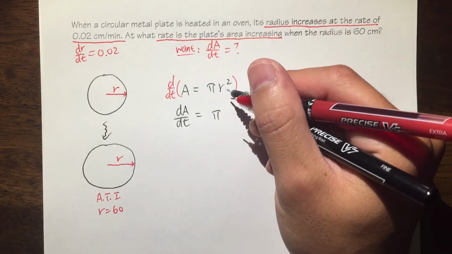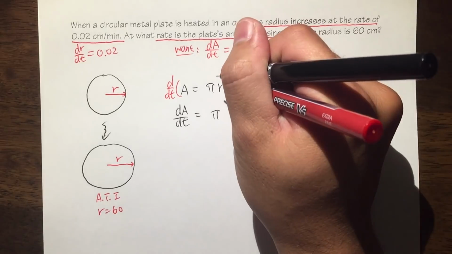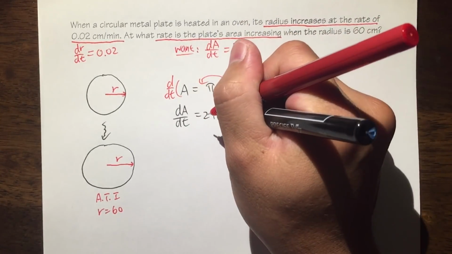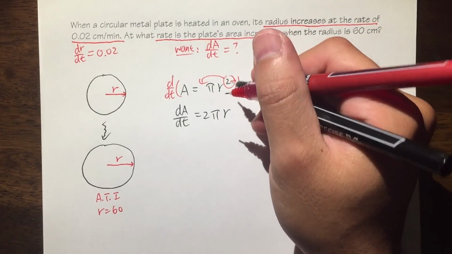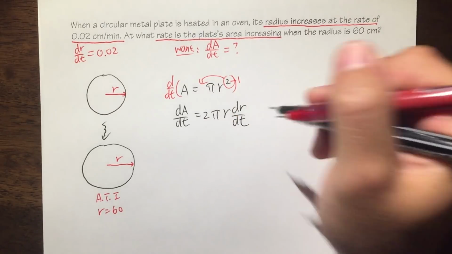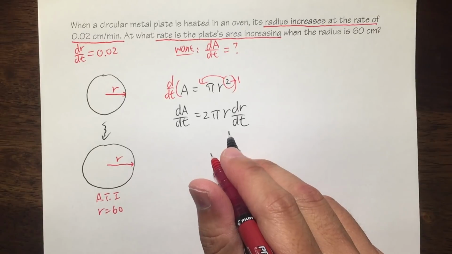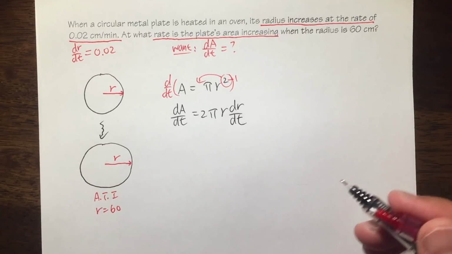But r is also a function of time, so here we will have to use the good old power rule. Let me bring the 2 to the front, minus 1. So we will have first the 2r like this, and then because r is a function of time, we use the chain rule, and we multiply by dr dt like this. And now we have this equation relating the rates. That's why it's called related rates.